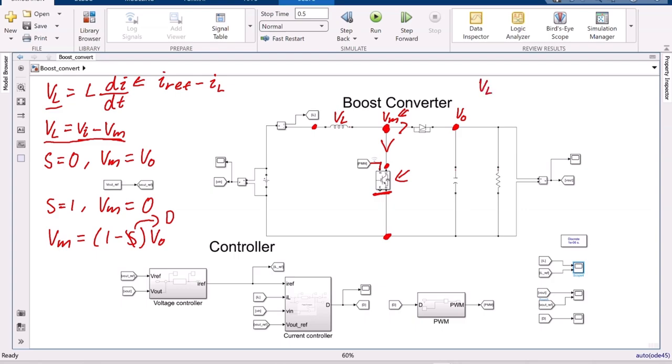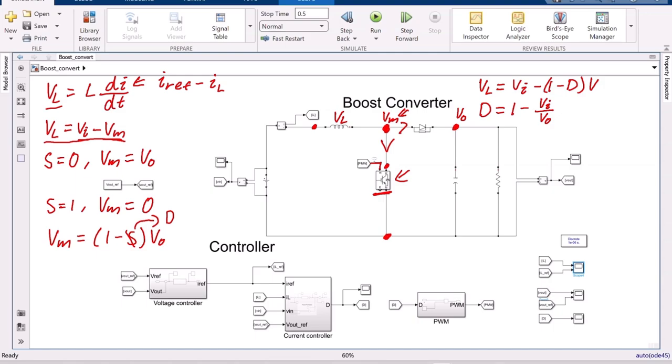VL is equal to VI, which is the input voltage, and then minus 1 minus the duty cycle multiplied by the output voltage. And now we can actually solve for the duty cycle. So the duty cycle becomes 1 minus VI over the output voltage.